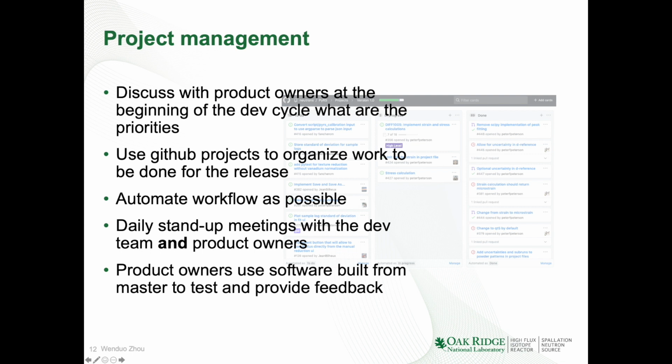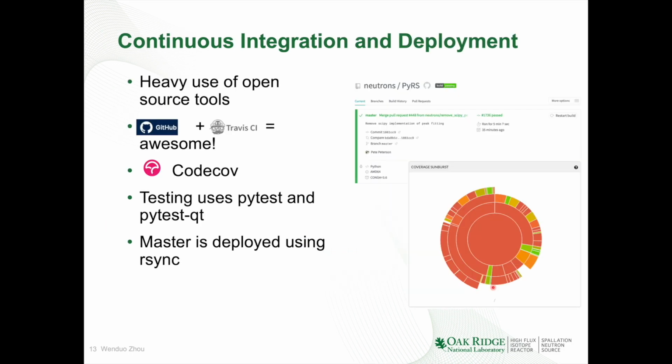At the peak of the development, there is a daily stand-up meeting between us and the project owner. The product owner uses the code in the Git master to test and provide feedback promptly. In PyRS, we use test-driven development combined with CI/CD. It is awesome to have GitHub working with Travis CI.